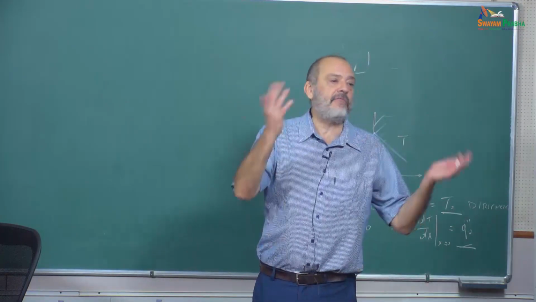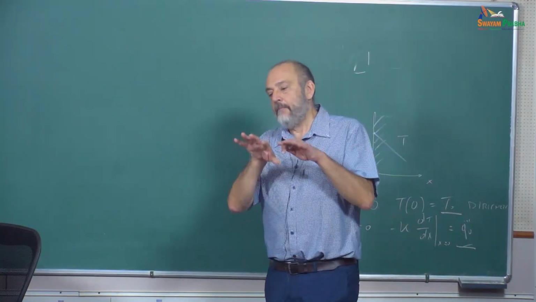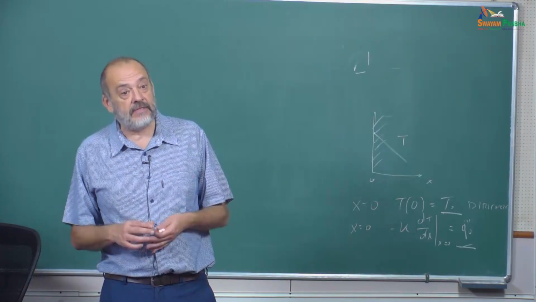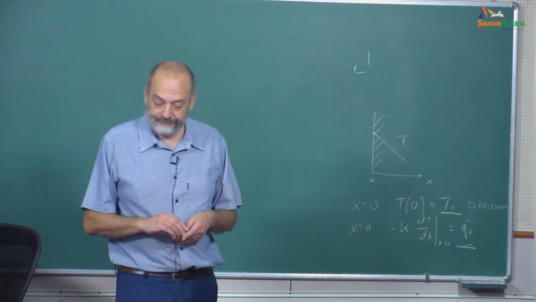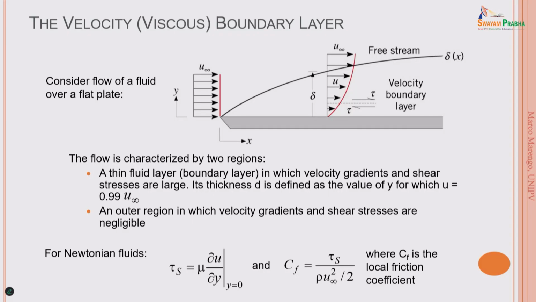Above the boundary layer, we can neglect the presence of the wall. But under the boundary layer, we need to think that there is a wall and the velocity will change. From the shear stresses, we can also build simplified coefficients like the local friction coefficient, which is nothing else than the stresses divided by the kinetic energy.